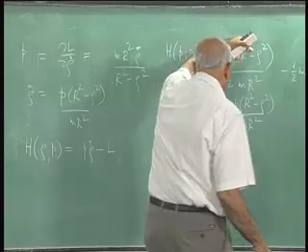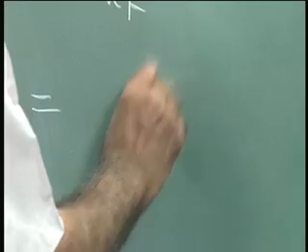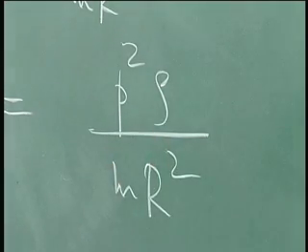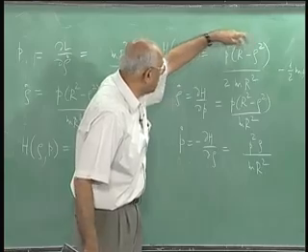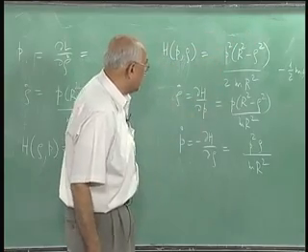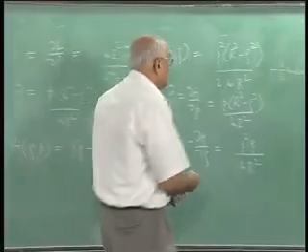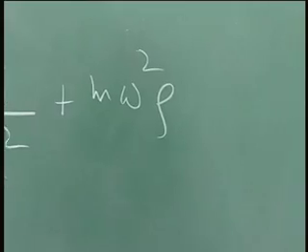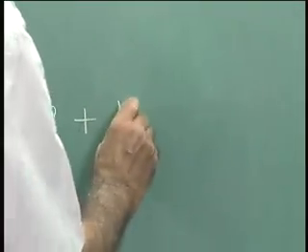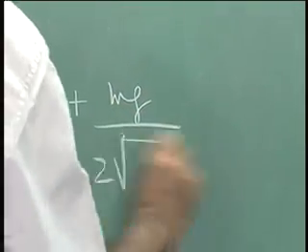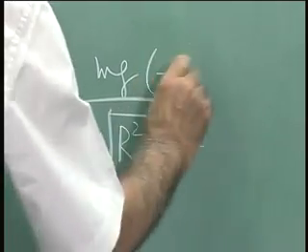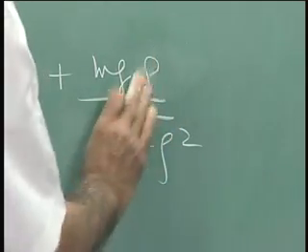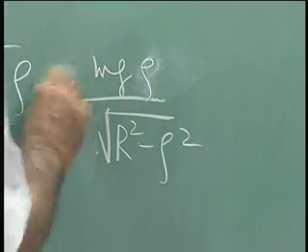You first differentiate this term and put a minus sign, so it is equal to P squared rho divided by m r squared, because I differentiate, I get the minus 2 rho, the 2 cancels, the minus goes away, so it is this term here. Then I differentiate this with a minus sign, so plus m omega squared rho, and plus m g rho over twice root r squared minus rho squared.